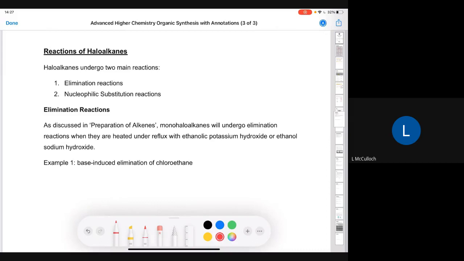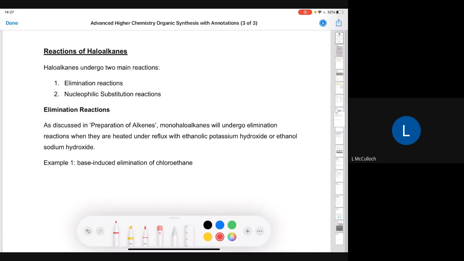So haloalkanes will undergo two main reactions. An elimination reaction that we've actually already looked at when we looked at alkenes, and a nucleophilic substitution reaction. Now, nucleophilic substitution reactions are brand new, and we will be looking at them in as much detail as we looked at addition reactions for alkenes, so we talk about them a lot.